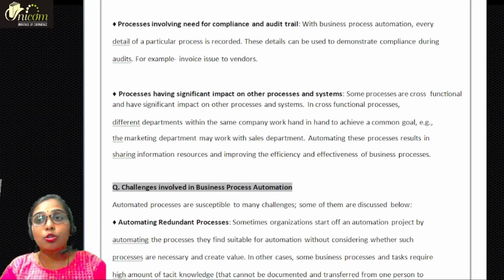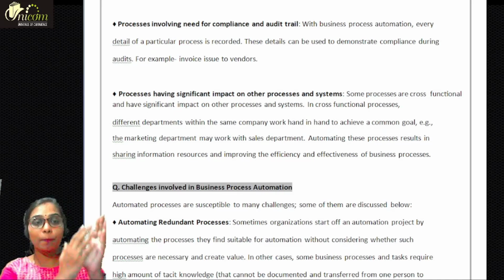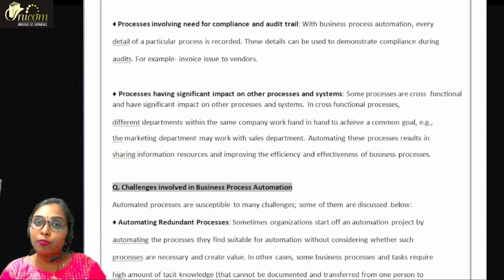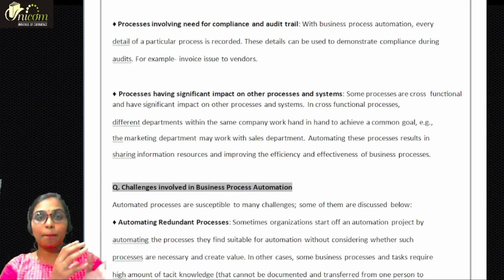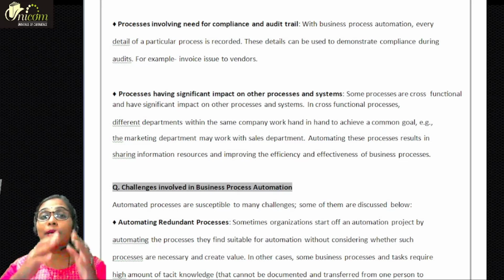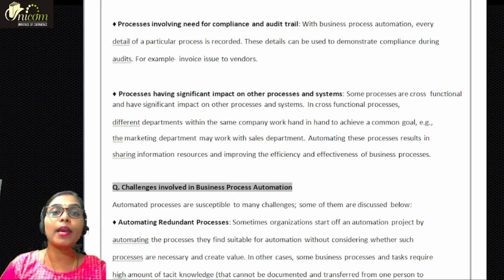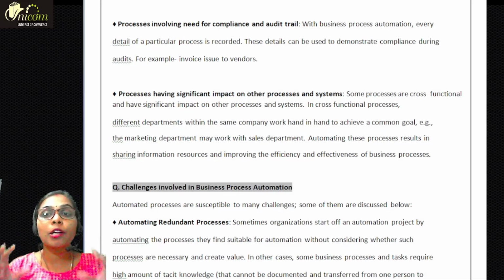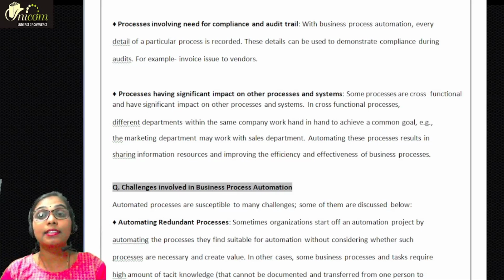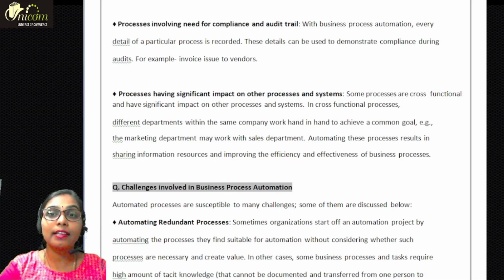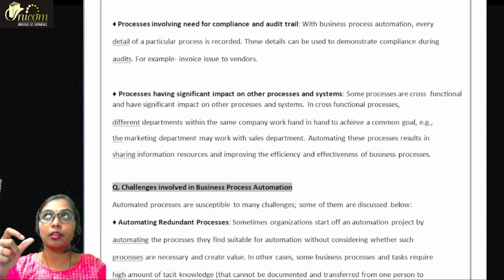When you buy those products, you need a proper record of what you have bought, a proper invoice, and a proper amount noted. Everything should be in a record. Why? Because it will help you in making a proper audit later, right? Hence, this can be done when there is automation.